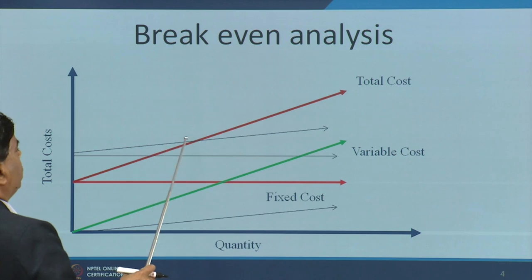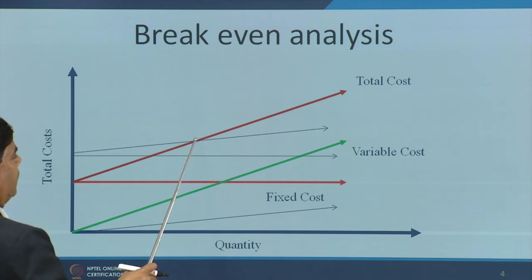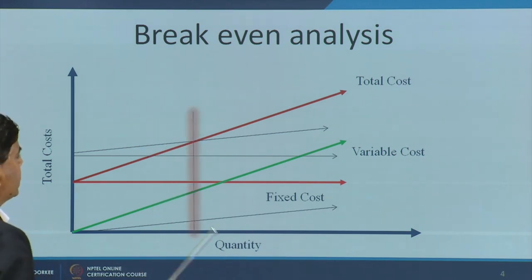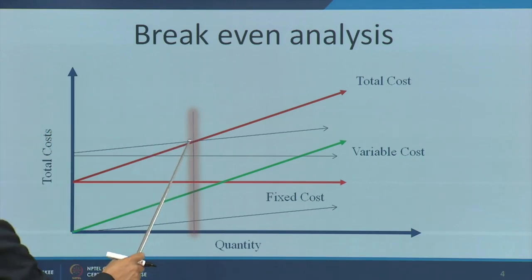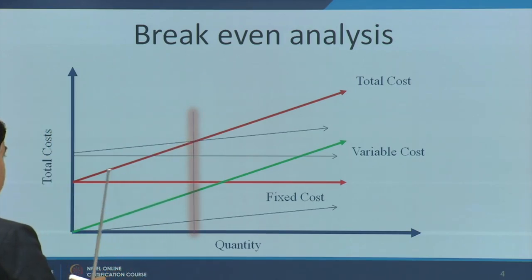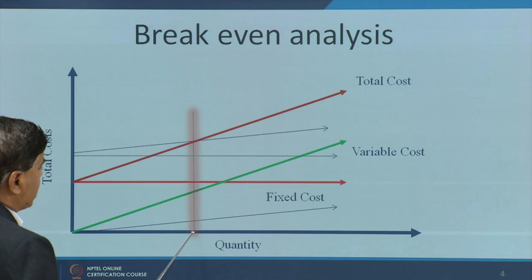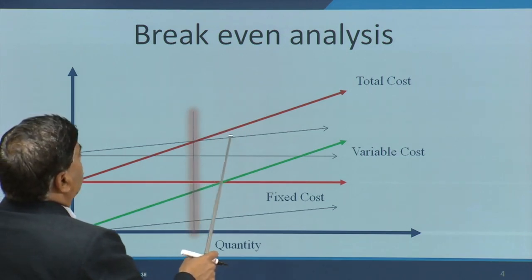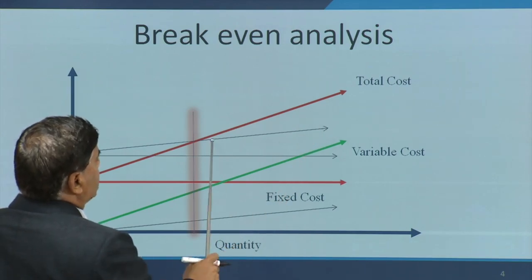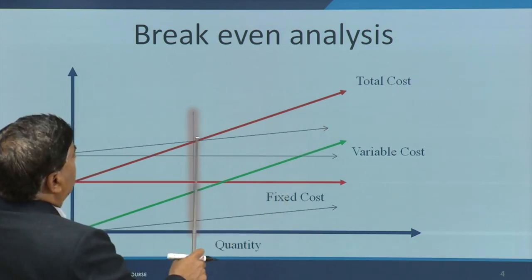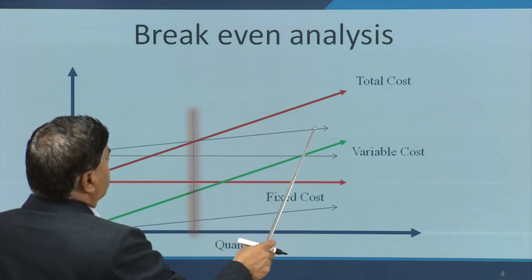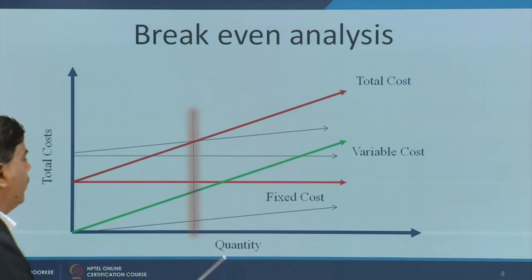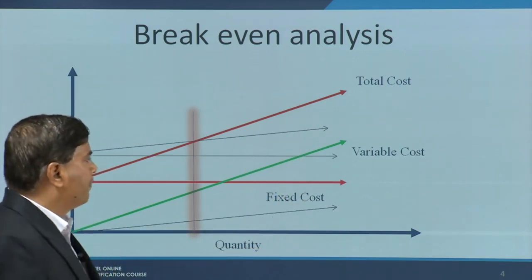If we compare both, these total cost lines intersect at this point, which suggests that option 1, corresponding to the red line, is cheaper for making low volumes, lesser than this particular volume, and option 2, corresponding to this line, which is the total cost line for option 2, has lesser total cost for higher volumes beyond this particular limit.